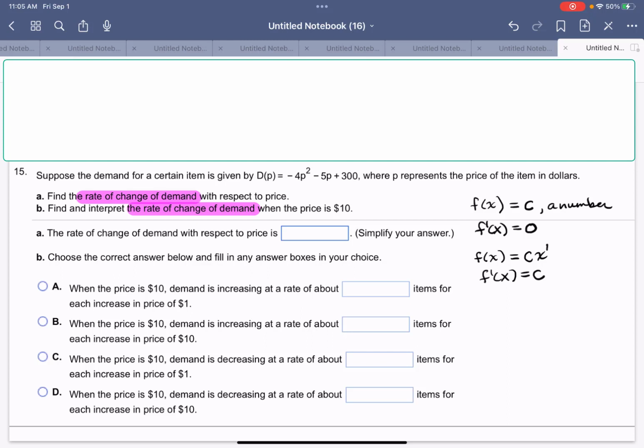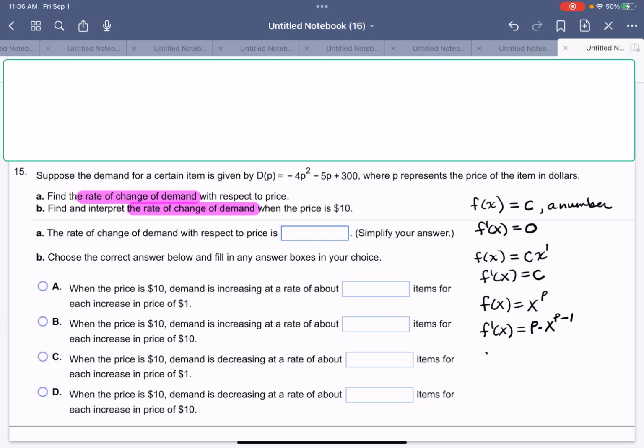Now in this case, we have a higher exponent. We have a p to the 2. So if I've got f of x equals x to the p power, then the derivative of that, without going through the difference quotient limit as h goes to 0, is going to be p times x to the p minus 1.